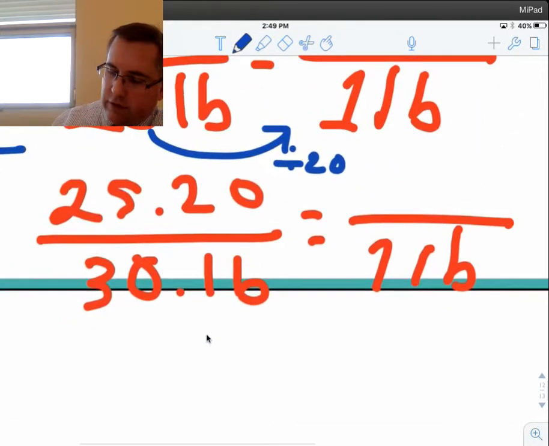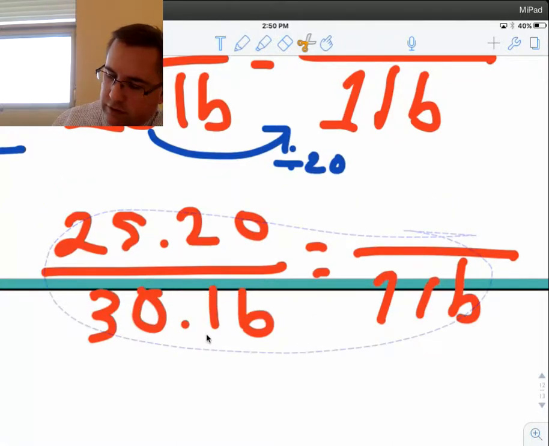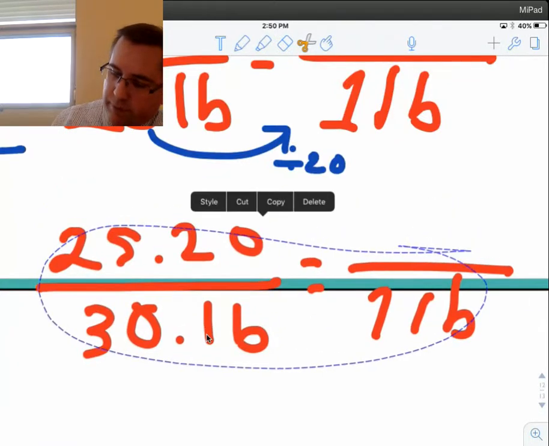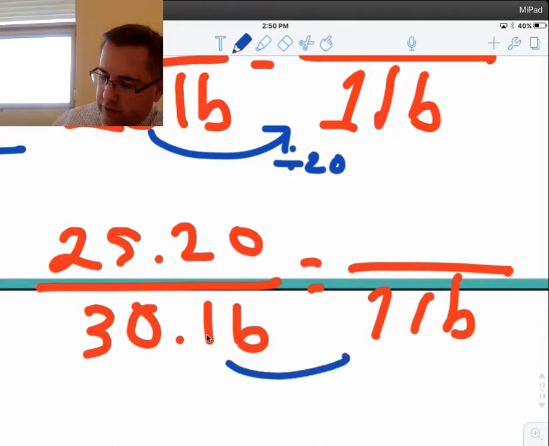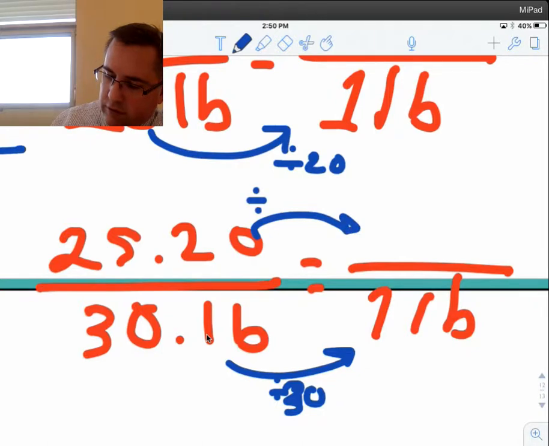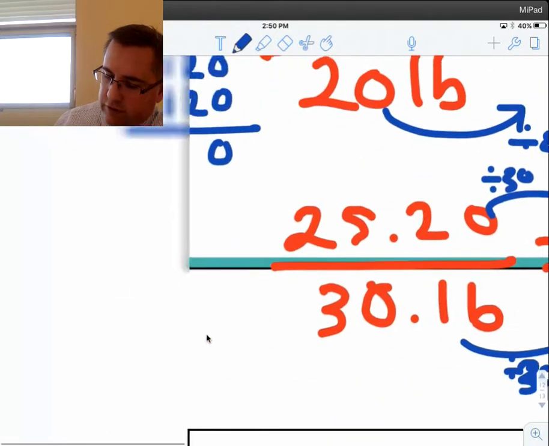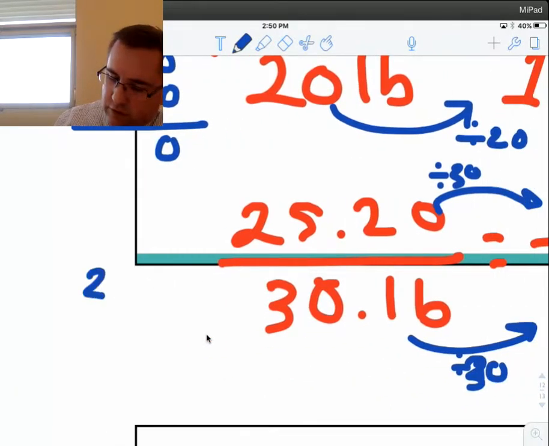And then dog food B, which is this other one. This one here, we're going to divide top and bottom by 30. I'm going to go off to the side to 25.20 divided by 30.